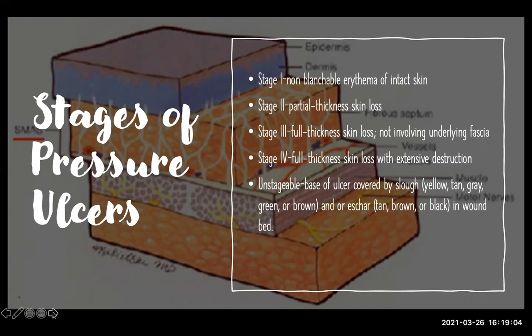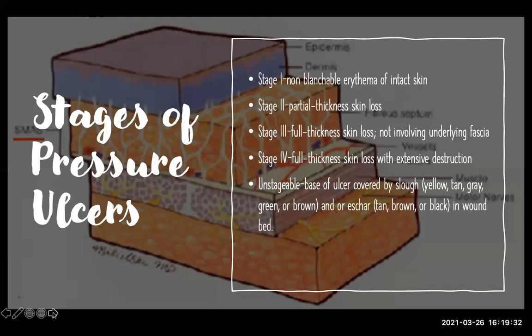Then we have unstageable wounds. An unstageable wound is a pressure ulcer where you cannot see the terminal end, how deep it goes. It's unstageable for that reason. The wound bed is covered with some kind of exudate. It's either slough, which is loose discharge that looks yellow, tan, gray, green, or brown.